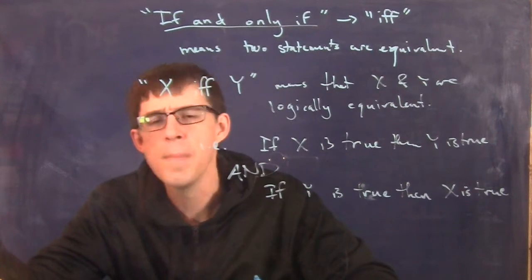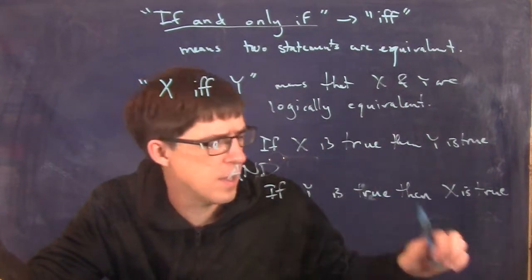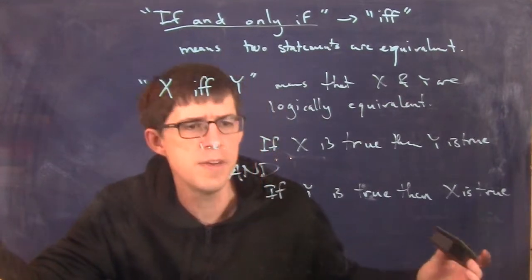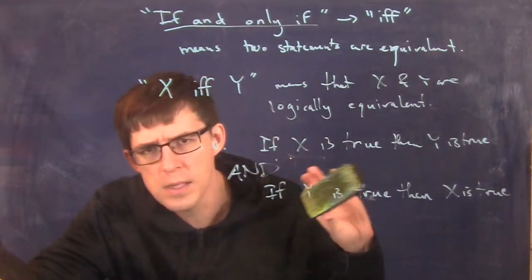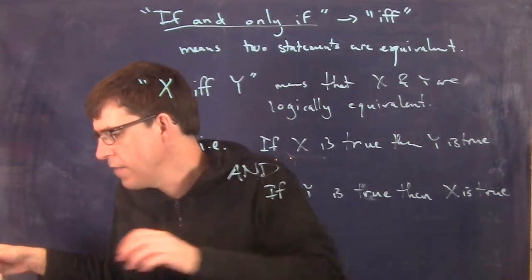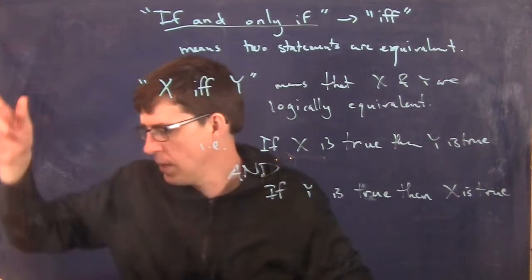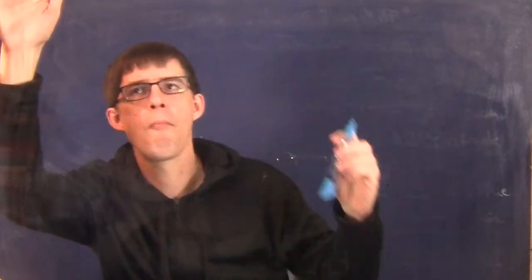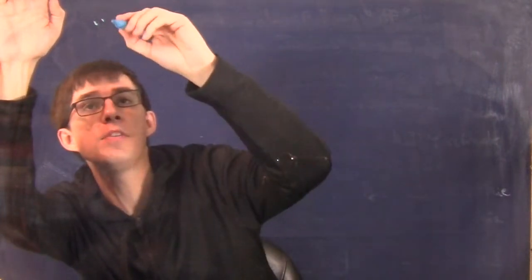All right. I just wanted to get a good handle on using this phrase, if and only if. Let's go through a bunch of very simple examples of what if and only if means and what it does not mean. How about a bunch of true or false?